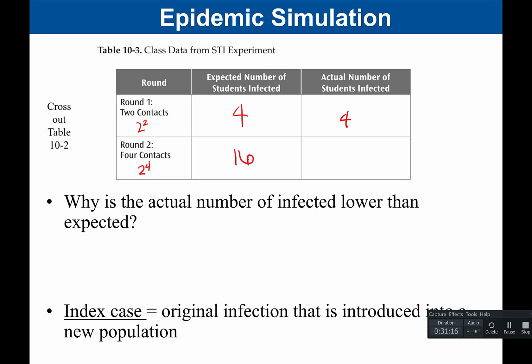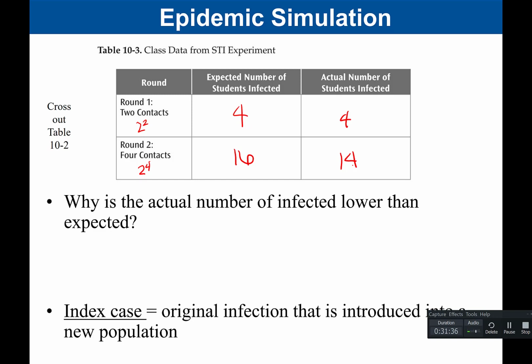However, let's say when we do this, instead of getting 16, our actual is only 14, right? So our actual number of people infected is less than what we expect.